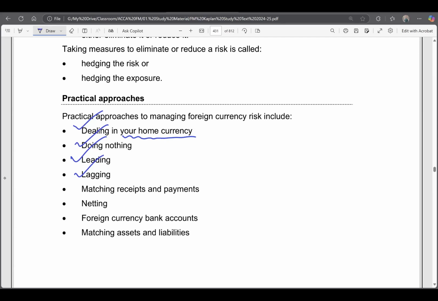Next, matching receipts and payments. This is very important and businesses normally do that. This is again internal. What is matching receipts and payments? You're based in Dubai and most of the transactions that you do are in the UK. You have some customers based in the UK and you also have some suppliers based in the UK. So try to match the payments and receipts that come at the same time.